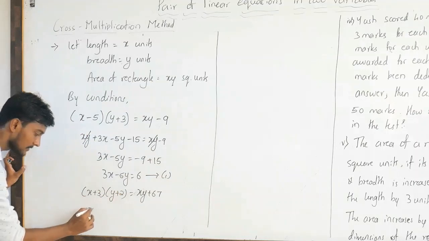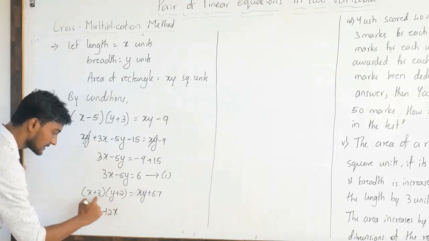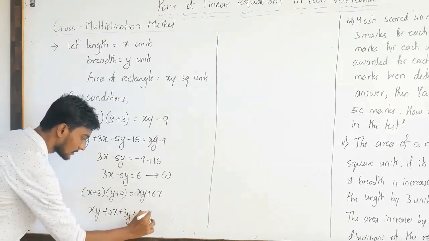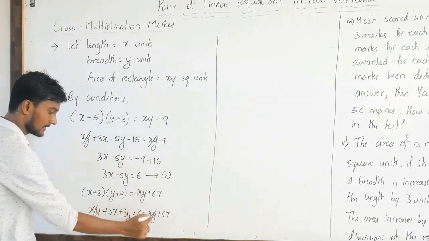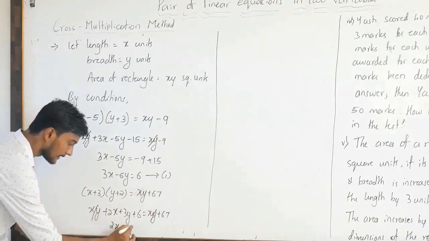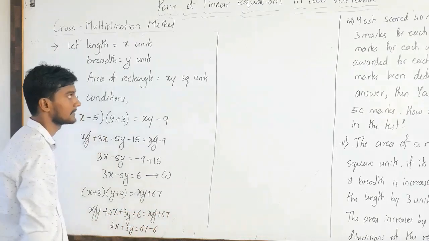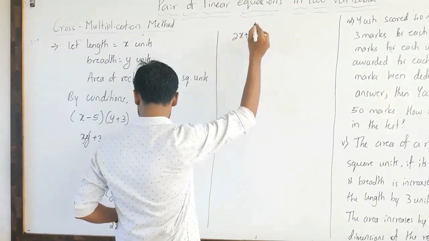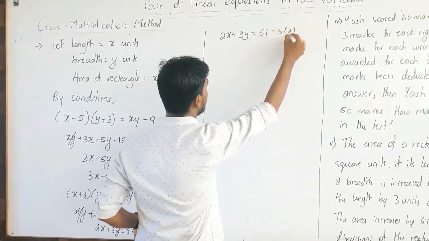Multiply x with these two: x into y, xy, x into 2, 2x, 3 into y, 3y, plus 3 into 2, 6 is equal to xy plus 67. The xy on both sides will get cancelled. 2x plus 3y plus 6 is equal to 67. Take plus 6 to that side, minus 6. So 2x plus 3y is equal to 67 minus 6, which is 61. Take it as equation number 2.